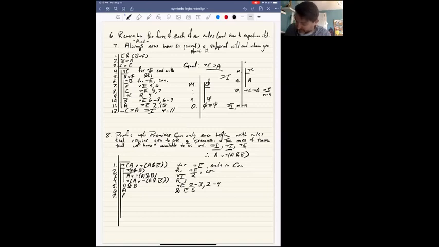At step 7, then, we can assert A or not A and B via disjunction intro of 6. And then at 8, we can reiterate again, A or not A and B, from 1, which now allows us to assert a contradiction again.